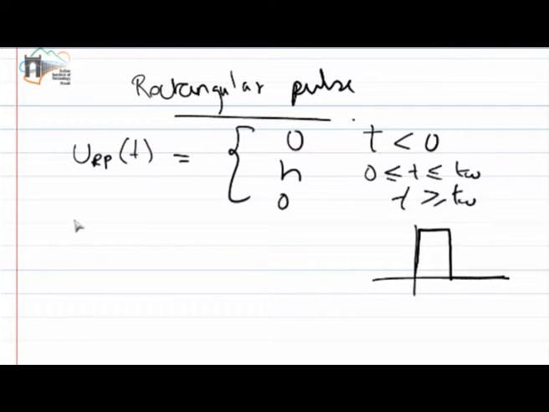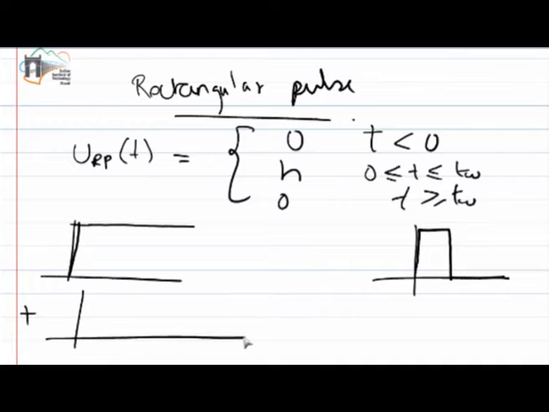So how could I represent this signal using the step signal? Let's say this is the step signal, and if I add the same value with opposite sign, then you would get this signal.